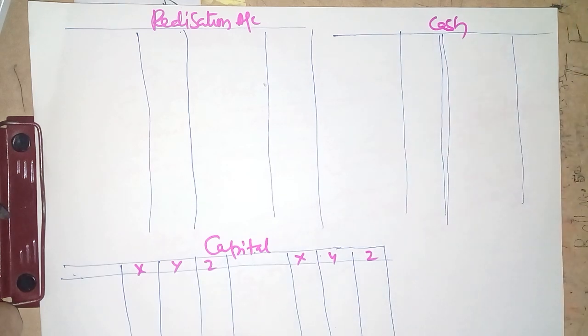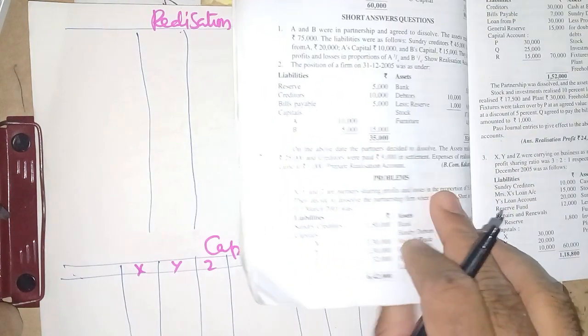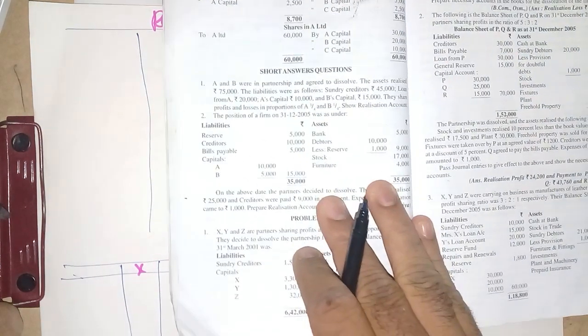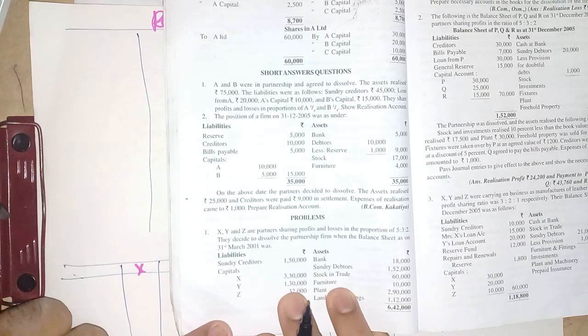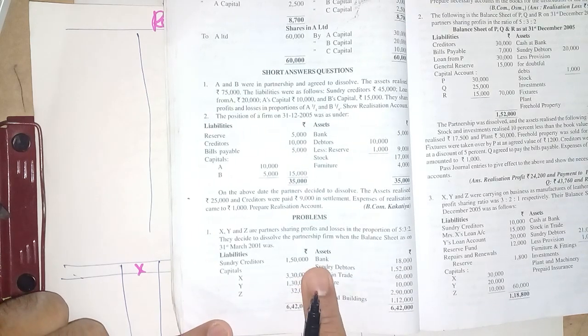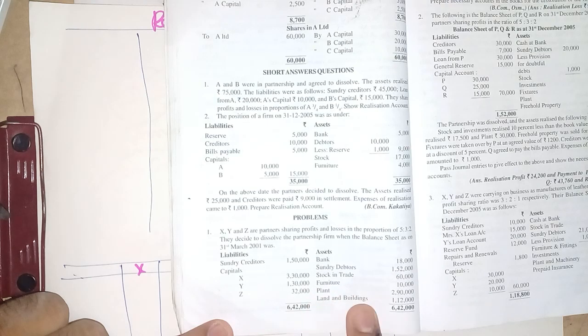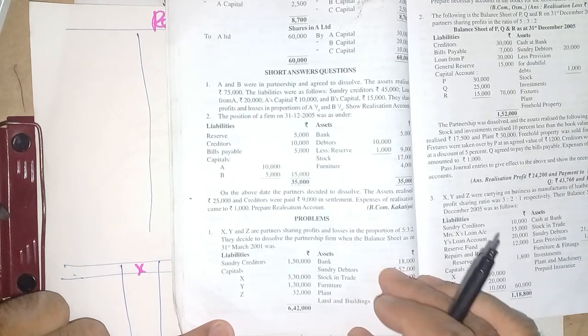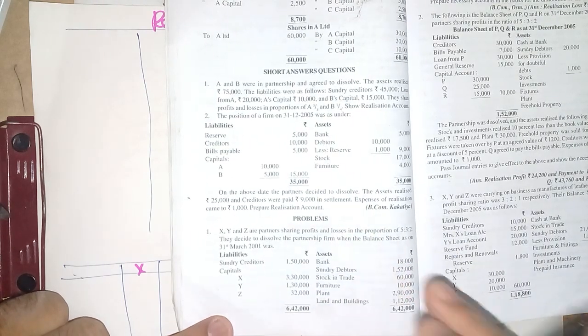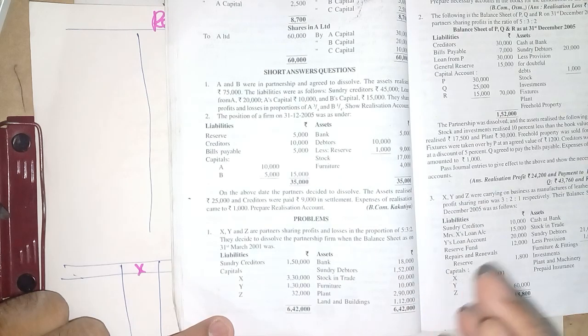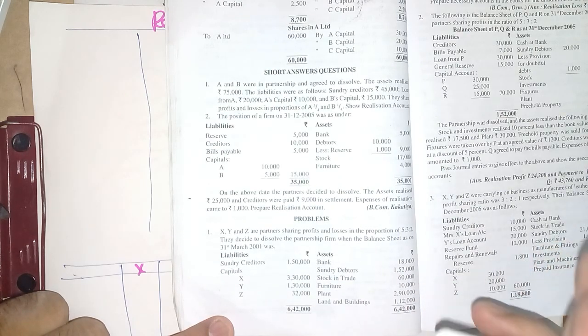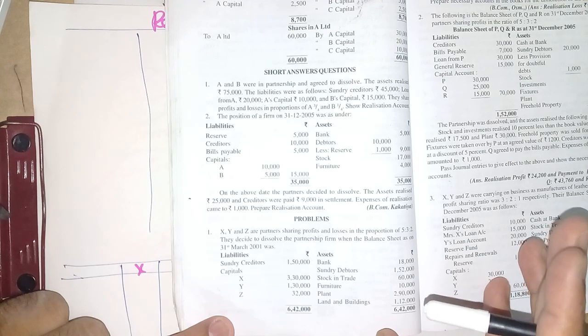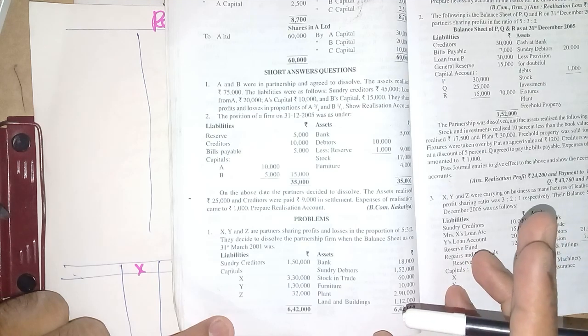Clear? So first, always start from the asset side of the balance sheet, as you are aware. On the asset side we have bank, sundry debtors, stock, furniture, plant and land and building. What is the first journal entry that we understood? That all the assets should be transferred to realization account except cash and bank balance and fictitious assets.